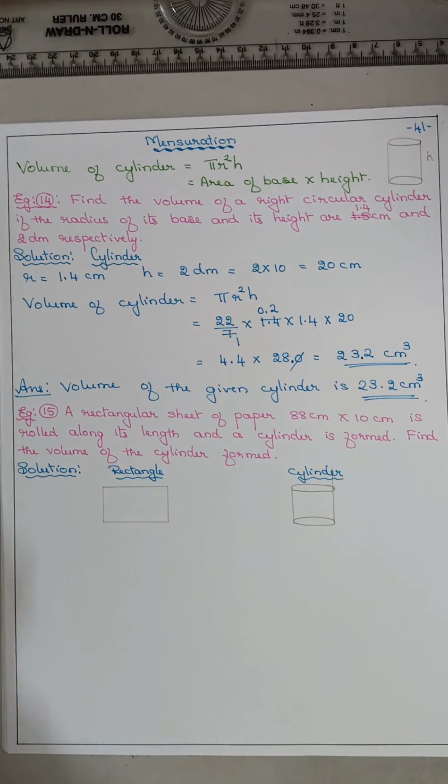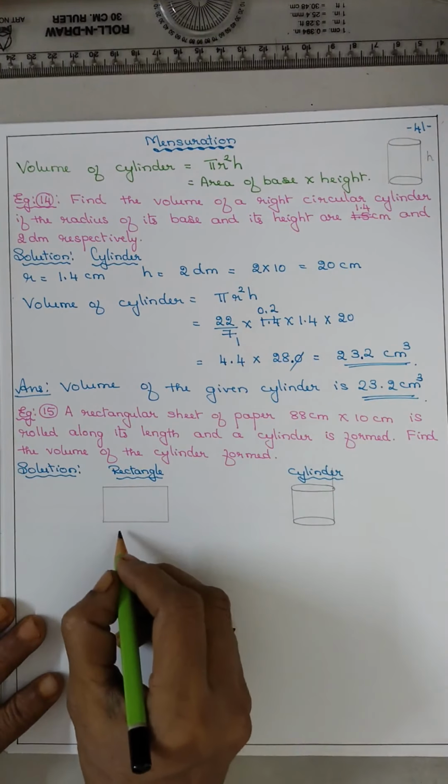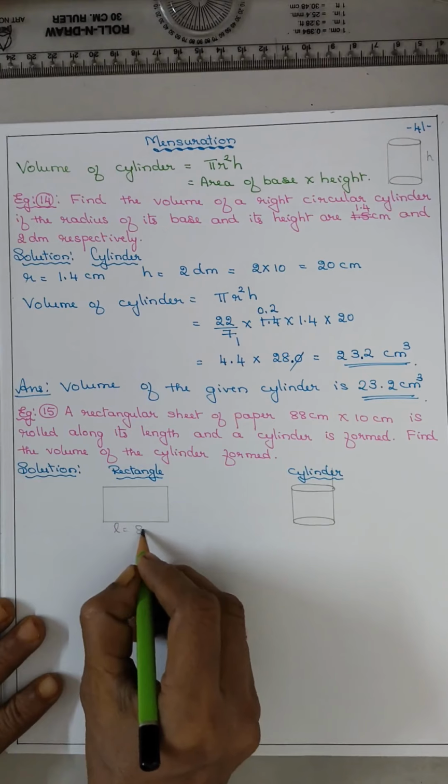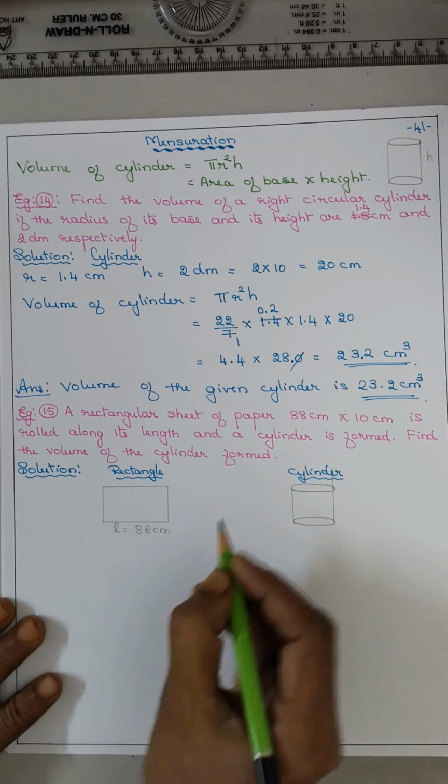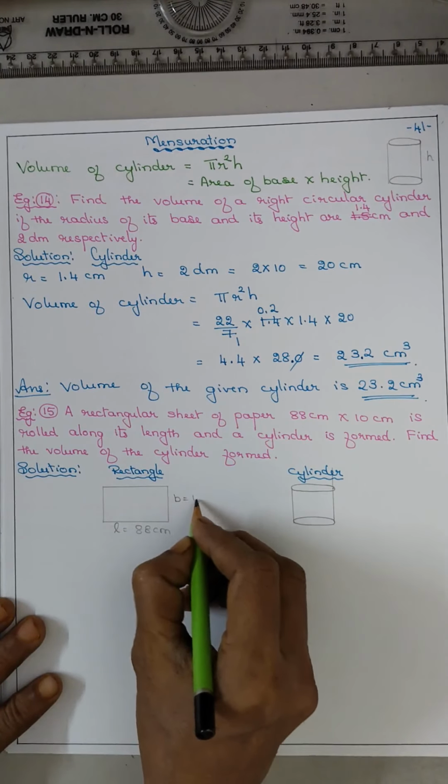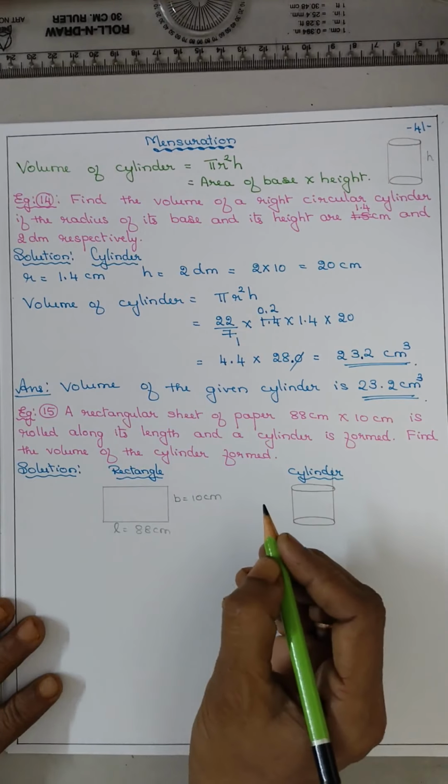Okay, now already we have discussed this. Now the rectangle is given and the dimension is given. Rectangle: length is equal to 88 centimeter, breadth is equal to 10 centimeter.